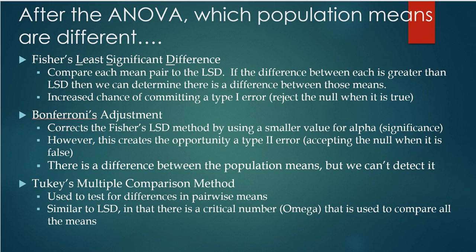This enables us to make a direct comparison between two means from two individual groups, and any difference larger than the least significant difference is considered a significant result. Fisher's is more likely than ANOVA to conclude that a difference exists in some of the population means when in fact none of the means differ significantly. That's an issue we want to be aware of with Fisher's.